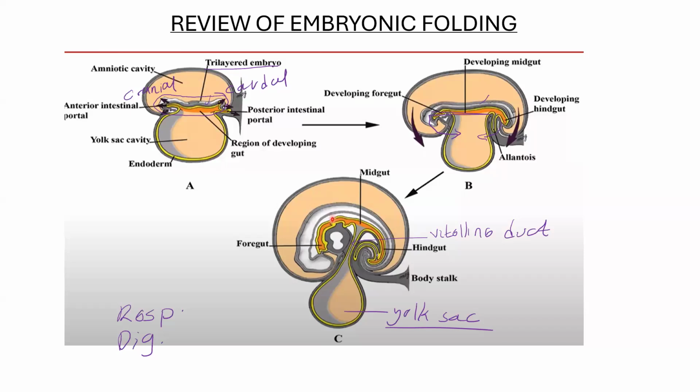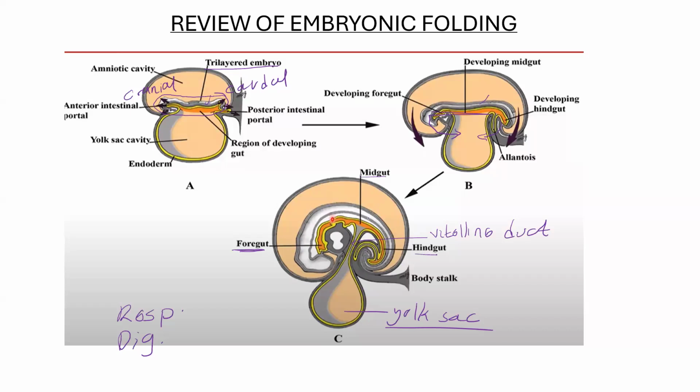And now this dorsal part of the yolk sac, which is incorporated into the embryo, is divided into three parts. The part which is near the cranial end is the foregut. The part which connects to the yolk sac is the midgut. And the part which now connects to the allantois is the hindgut.